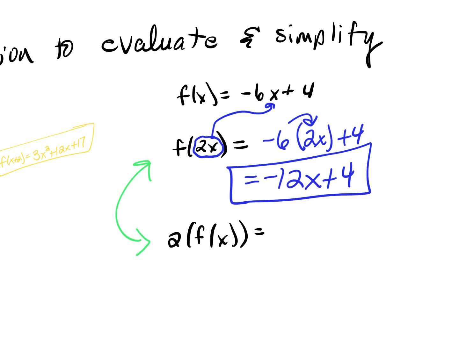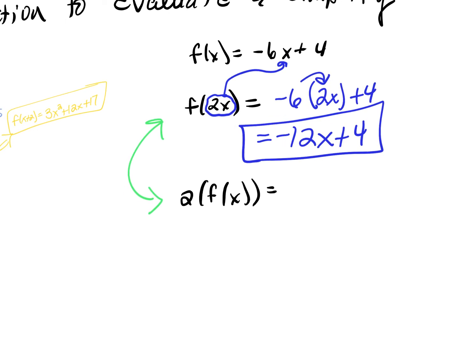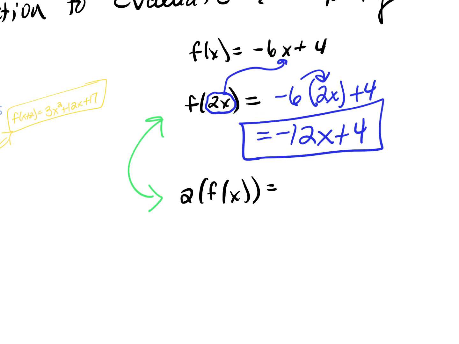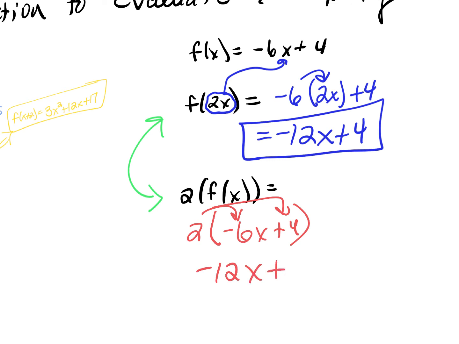Now the second question, what is this one asking you to do? What does the 2 out in front mean for you to do? Anybody? Distribute the 2. All they want you to do is take 2 and multiply it into x plus 4. So when I do this, I get negative 12x plus 8.